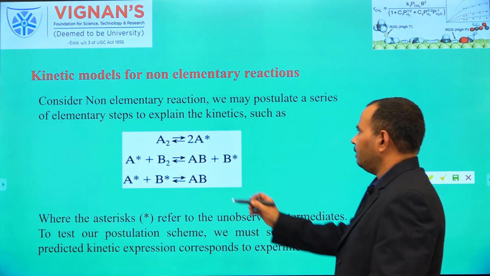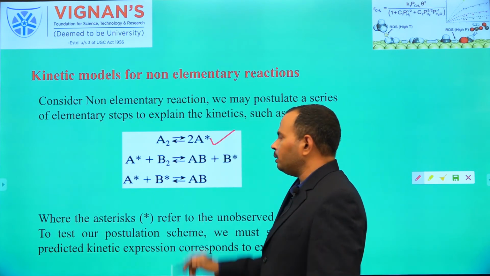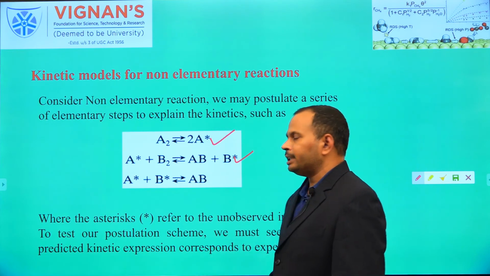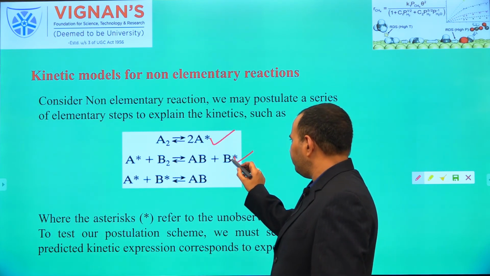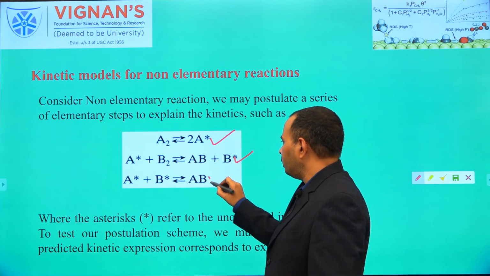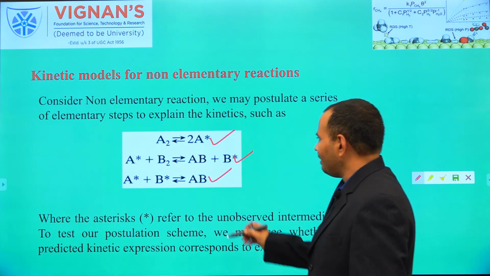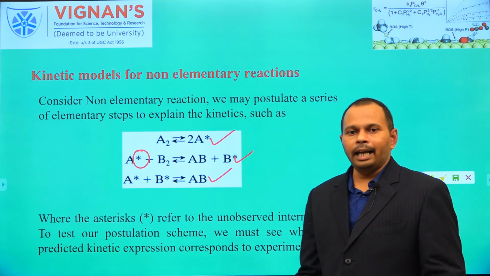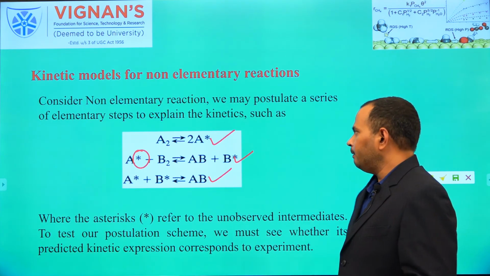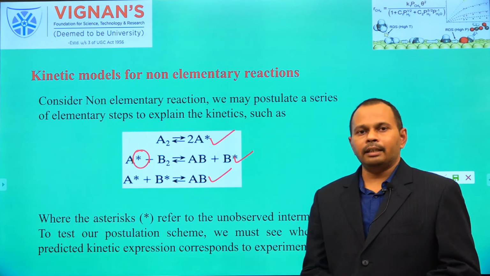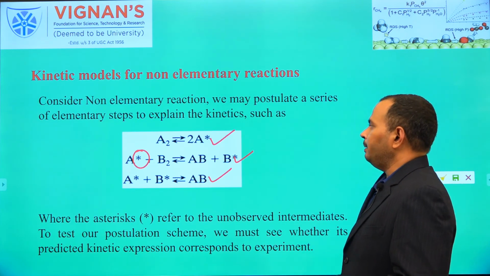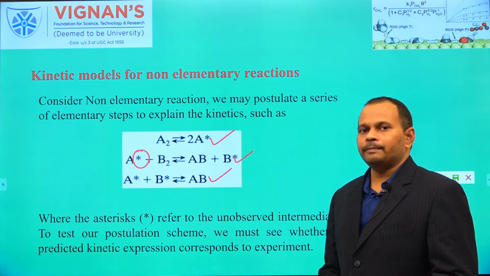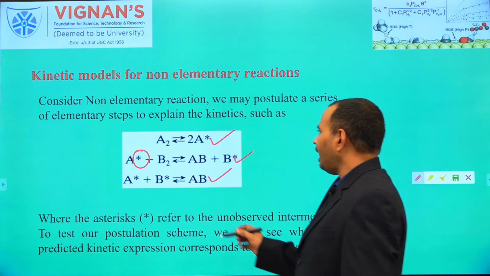In the first step, from reactant A2 we get A2 star, and A2 star combines with B2 and produces some more intermediate and product, and finally the intermediate combines with another intermediate producing the product. The symbol asterisk refers to the intermediate. These intermediates are highly reactive, their mean time will be very small in the reaction mixture, and their concentration is also very small. That means they are produced in a fraction of a second and disappear in a fraction of a second.